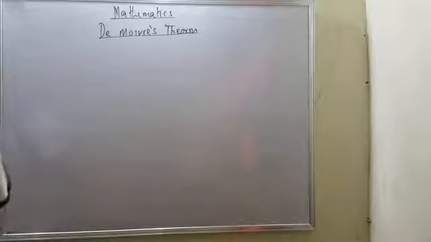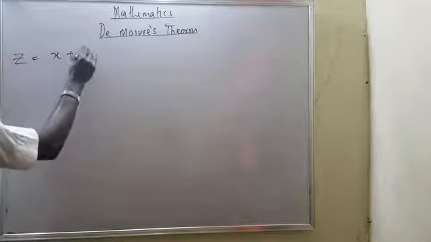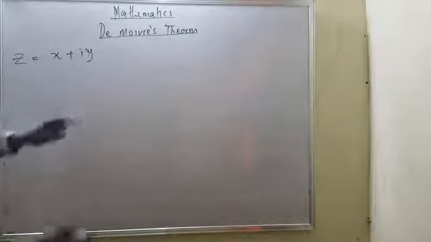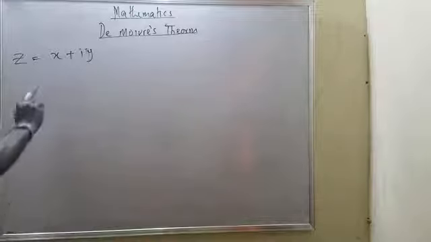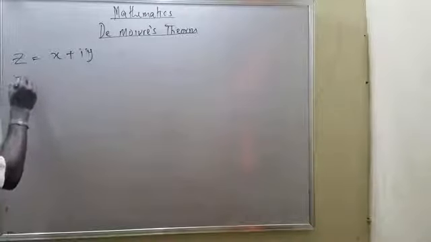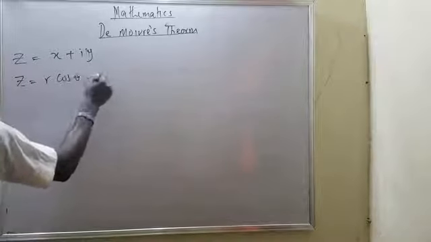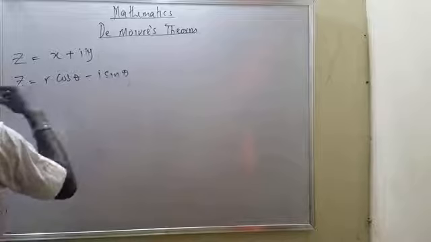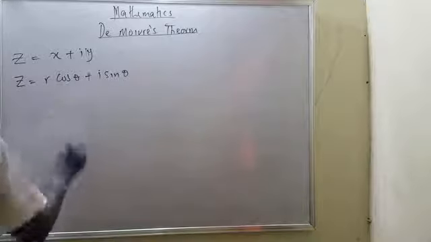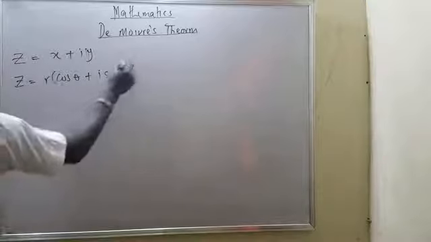Now, let's start. If I'm talking about my z, you all know that z equals x plus iy. I've told you that this is the real part and this is the imaginary part, which we did earlier. I can also say that z can be written as r times the bracket of cos t plus i sin t.